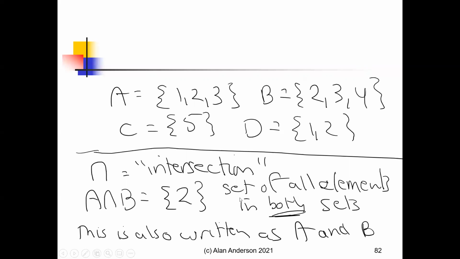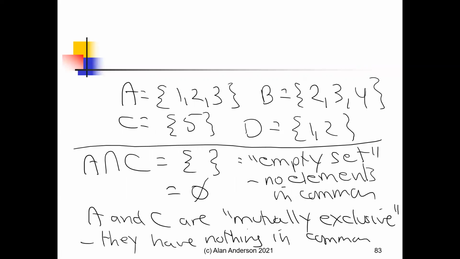All right. Now, sometimes when we calculate an intersection, for example, between A and C, they have no elements in common. So we say that their intersection is the empty set, which is shown either by brackets with no elements, or sometimes by the 0 with a slash through it. It means the same thing. In this case, because A and C have no elements in common, they're said to be mutually exclusive.